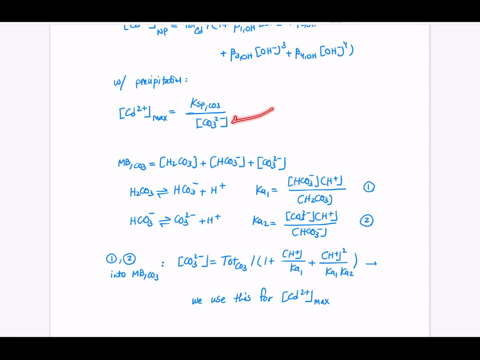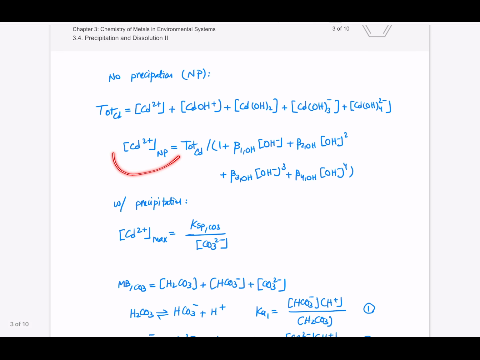In this case, the pH dependency is not very obvious, so we need to convert this one into a pH dependent variable, which we did here. So what we do is, at each pH, we calculate this one, we put it here, we calculate this one. We already calculated this one based on pH, then we compare the two as we did before.